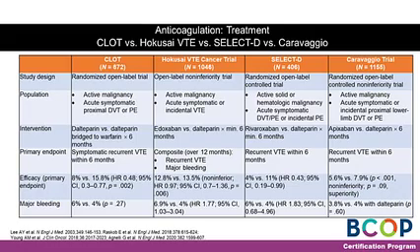Finally, our most recent study that was published in the New England Journal of Medicine in 2020 was the Caravaggio trial. This was a randomized, open-label, controlled, non-inferiority trial of just over 1,100 patients with active malignancy and acute symptomatic or incidental proximal lower limb DVT or PE. Patients were randomized to apixaban or dalteparin with a primary endpoint similar to the SELECT-D trial of a recurrent VTE within the 6 months.